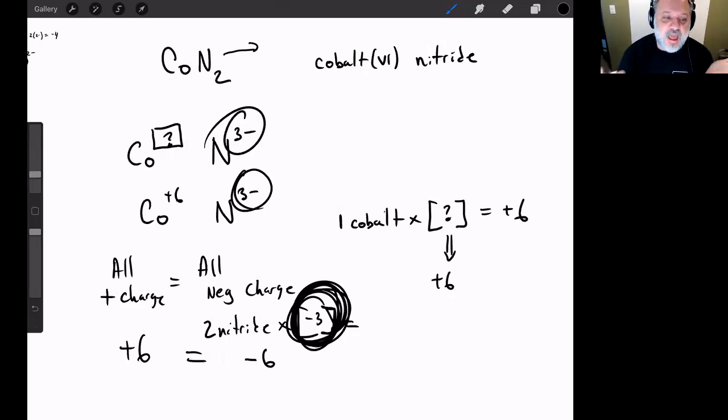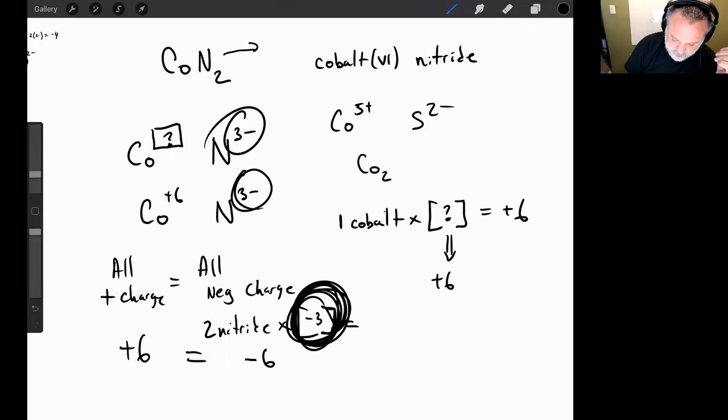It's easy if you have the charge, right? If I said it's cobalt 5 plus and it's sulfide, then you can just do the criss-cross game, Co2S5. That's the lowest whole number ratio. You're done. Cobalt is a transition metal, so it takes on multiple charges. It's not one of the exceptions.